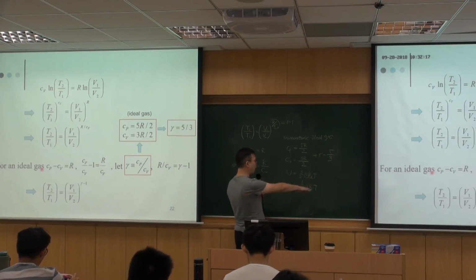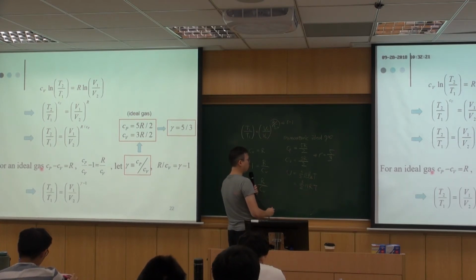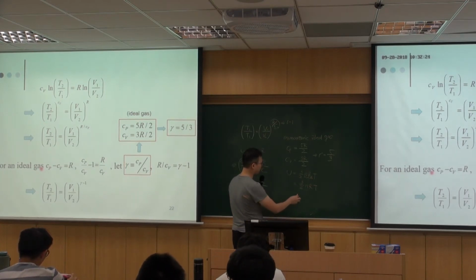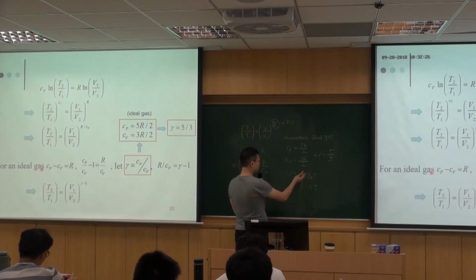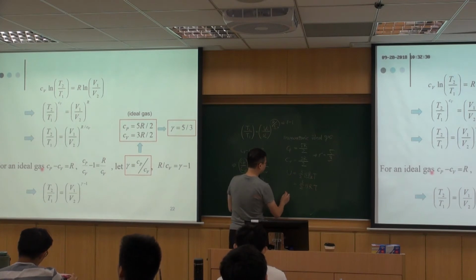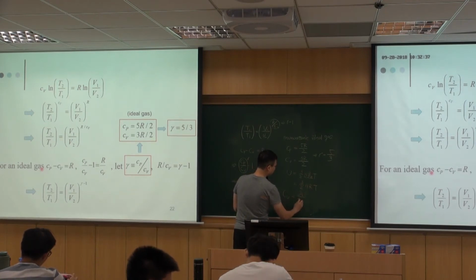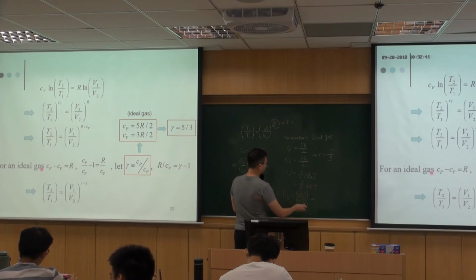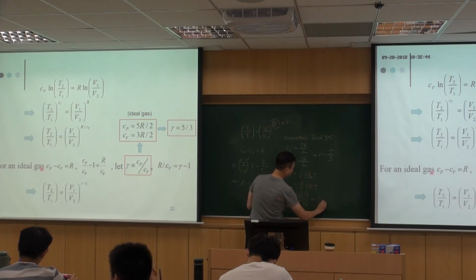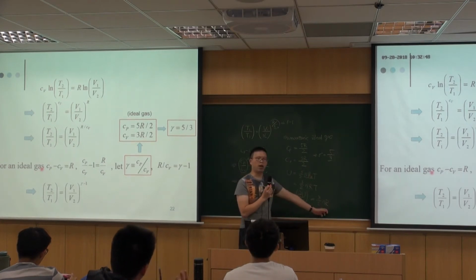Later, we'll derive this in more detail when we talk about statistical mechanics or statistical thermodynamics. But this is how we get this. And if we're dealing with the large CV, this is partial U partial T with constant volume. Therefore, we have 3/2 times N times R.